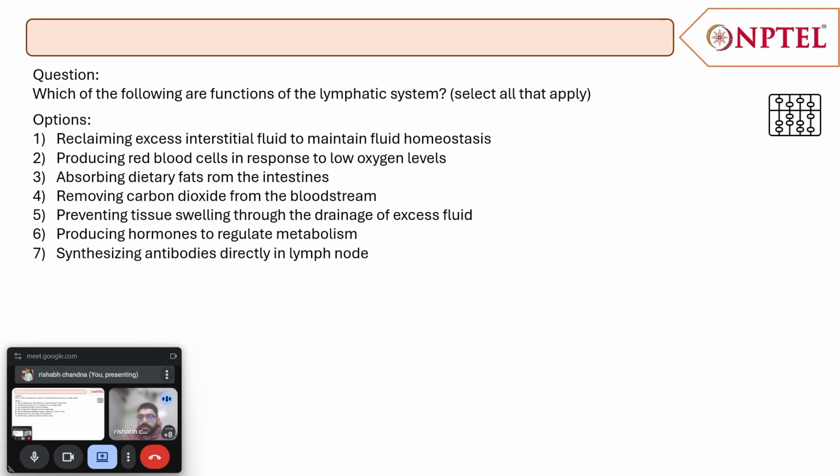So, what can be the correct answer? 3 and 7. Okay, any more answers?